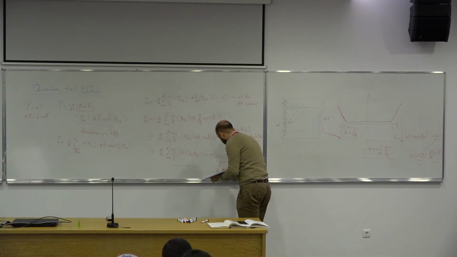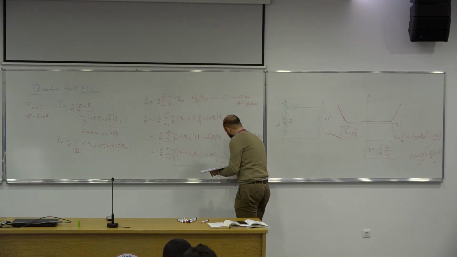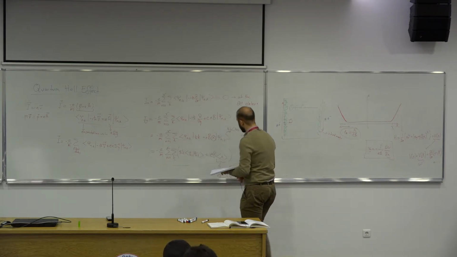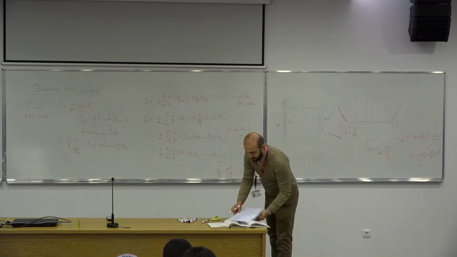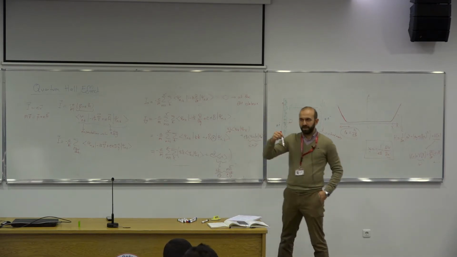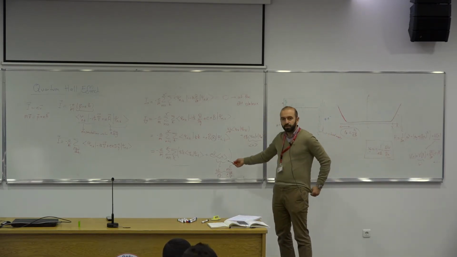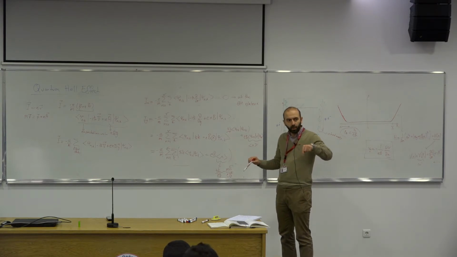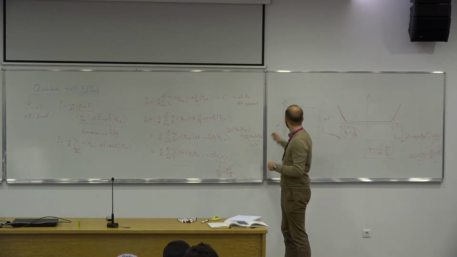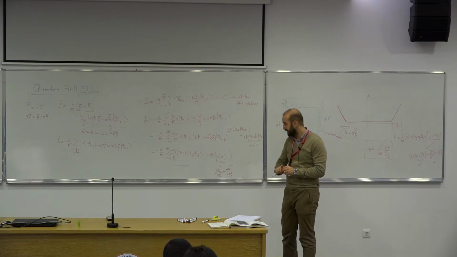It's ħk over eB minus m E over eB squared. If you remember, when we solve for the harmonic oscillator potential, that's the origin of oscillation for the harmonic oscillators that we had.